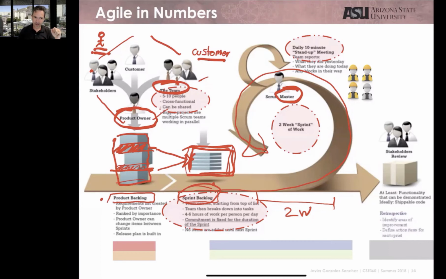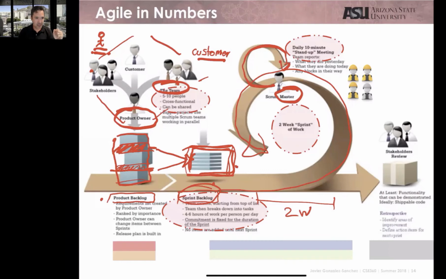Now, in order to be sure that you are finishing with everything, what you are going to do is every single day during the 2 weeks, 10 days, right? 5 days per week, you are going to have a meeting with your team.